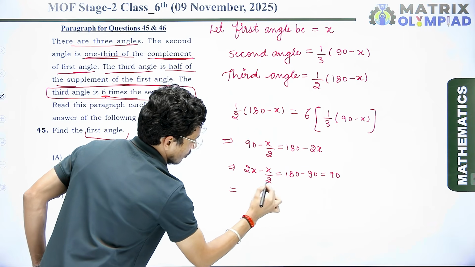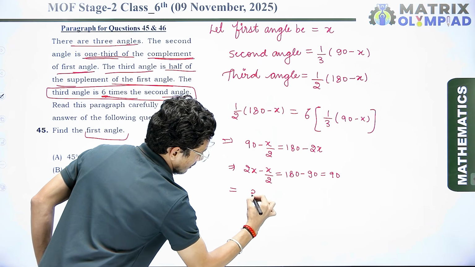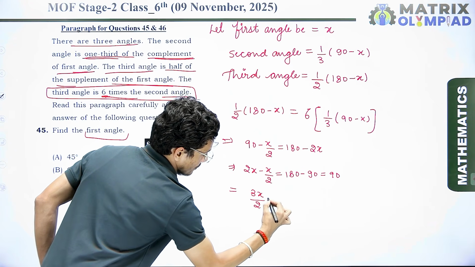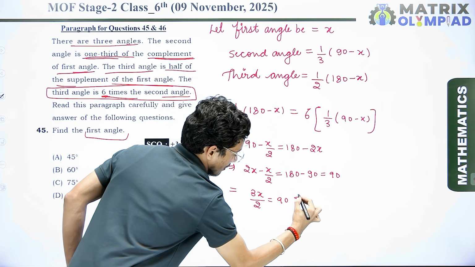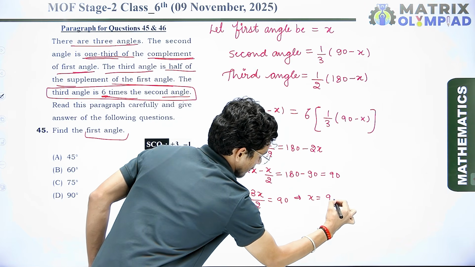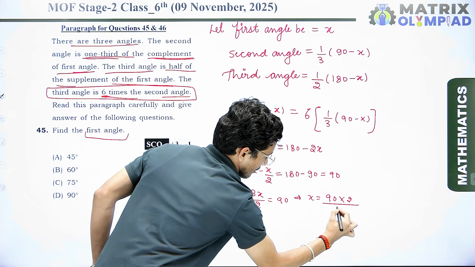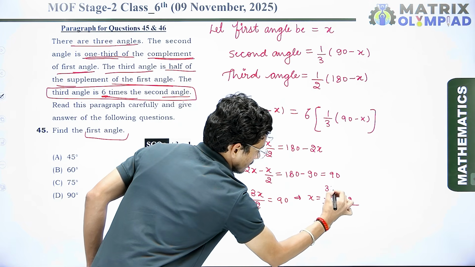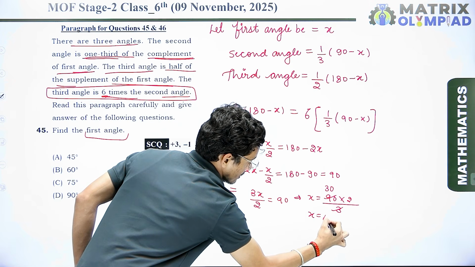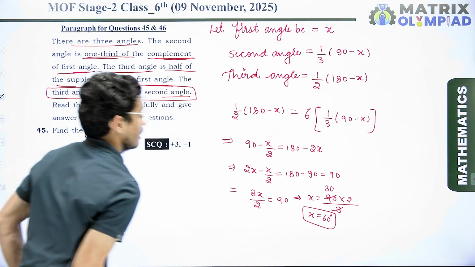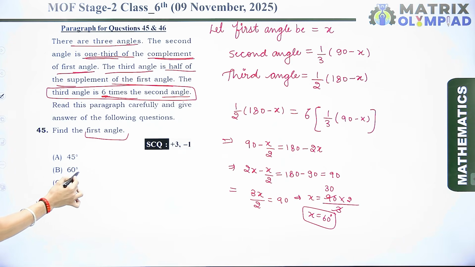So 4x minus x upon 2, that is 3x upon 2, is equal to 90. So the value of x is 90 multiplied by 2 divided by 3, which is 60 degree. So the first angle is 60 degree. It means option number B is the correct answer.